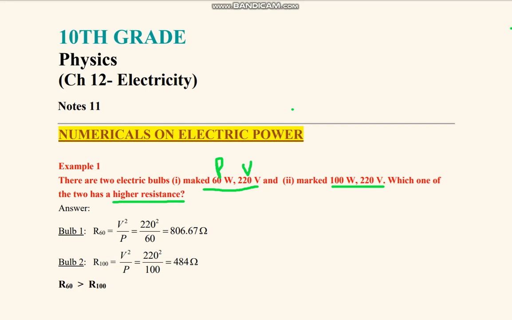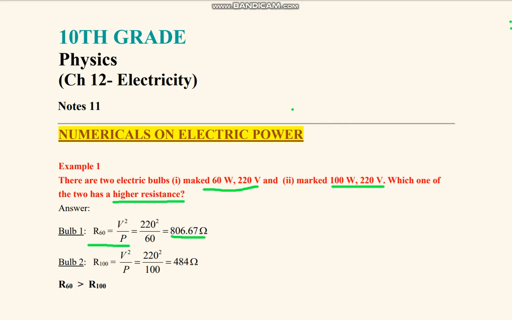To calculate the resistance of this bulb, we use the formula of power, that is power is equal to V square upon R. From there you can find R is equal to V square by P. You have the values of V and P given in the question. So inserting the two values in V square by P, you get the resistance as 806.67 ohm. This much is the resistance of the first bulb.